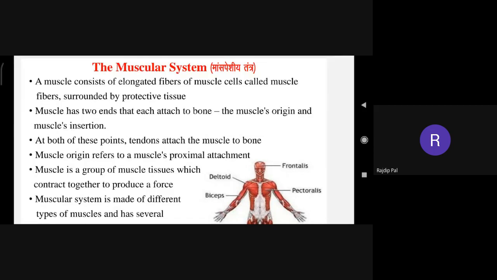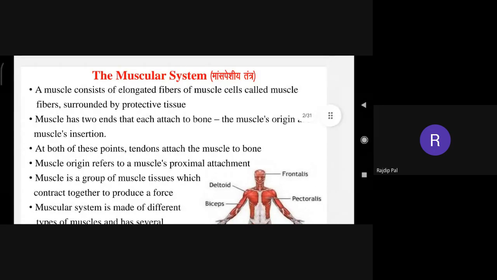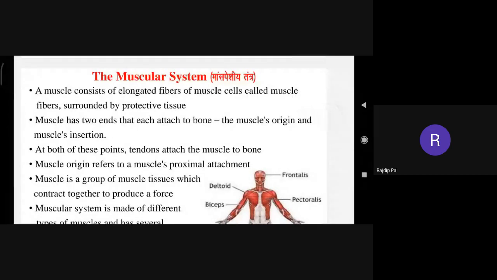Muscle has two ends, each attached to bone, the muscle's origin and muscle's insertion. Means the two ends of muscle, let's take an example like our bicep muscle. Our bicep muscle has a lot of muscle fibers. Means this bicep muscle is not made up of one single muscle fiber.